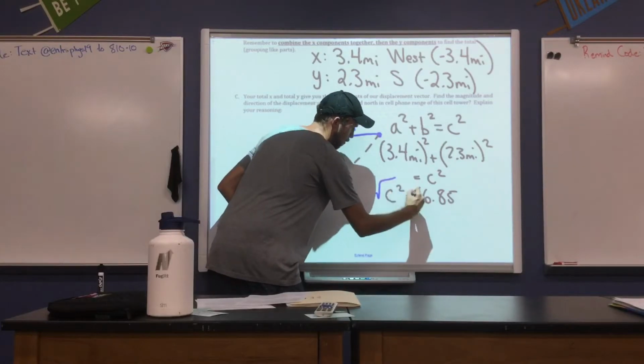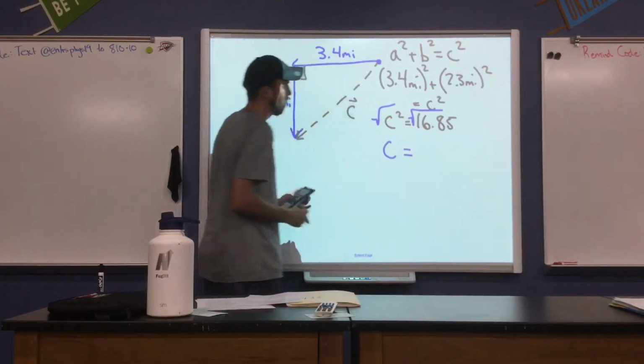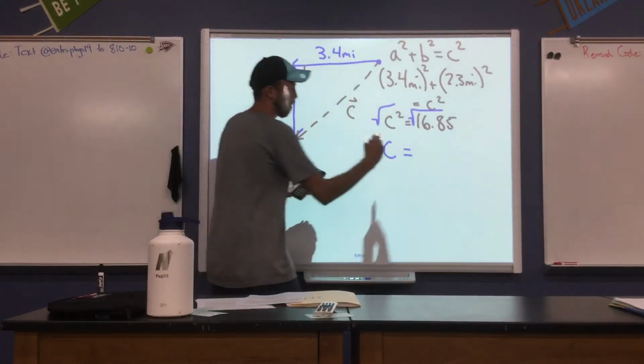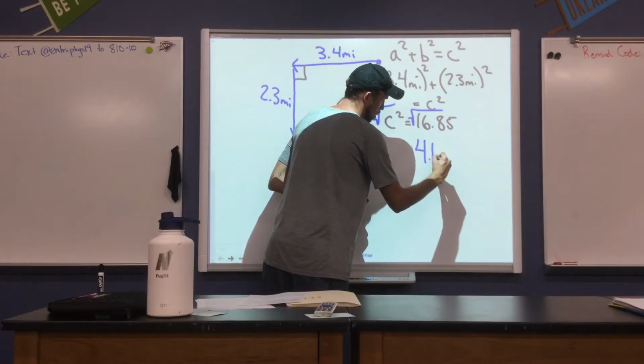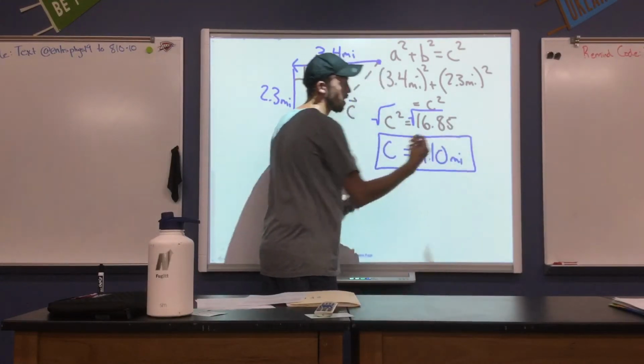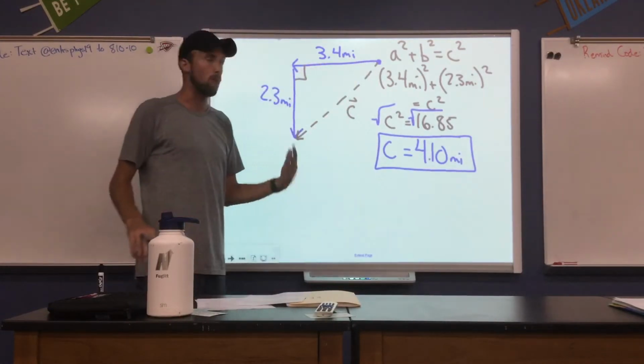To get C by itself, we take the square root of both sides. We get a value for C, our hypotenuse, of about 4.1 miles. That is part of our displacement, the magnitude: how far the cell tower is located away from North.